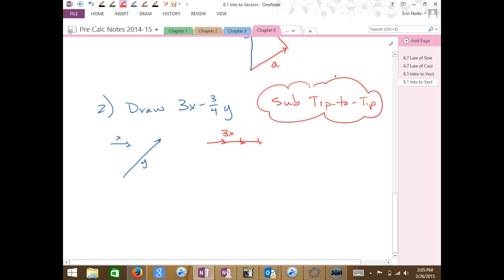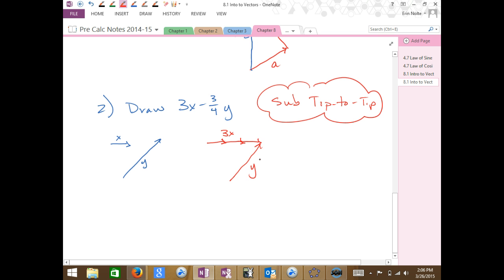Okay, imagine that I take this y vector and put the tip at the end of my 3x. When I draw it, it's going to look like this. There's my y. But if I'm going to draw 3/4 of y, what do I need to adjust? My length. Instead of drawing one full length of y, I can only draw 3/4 of it, so it's going to be a little shorter. And again, we're just eyeballing this.